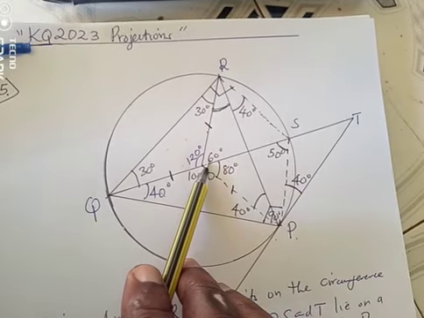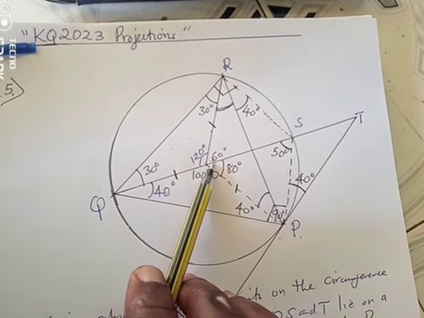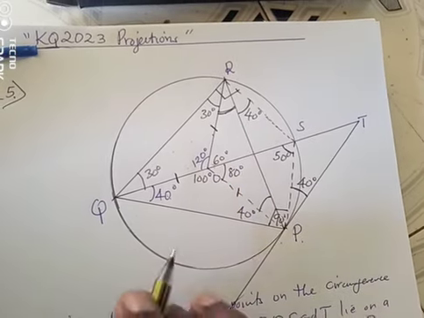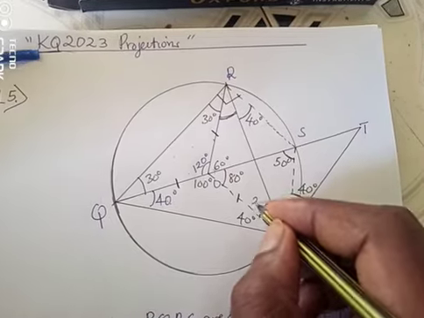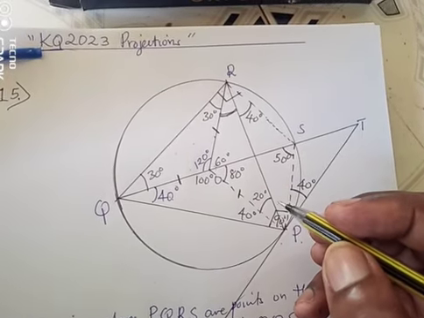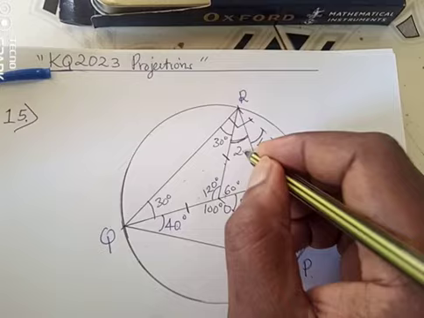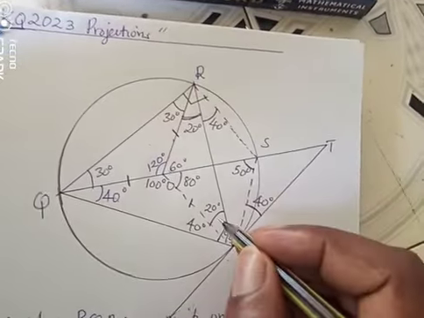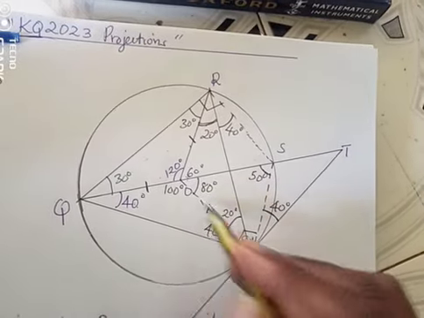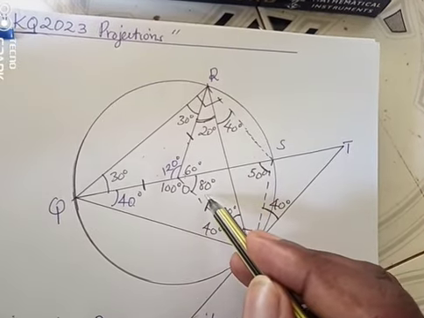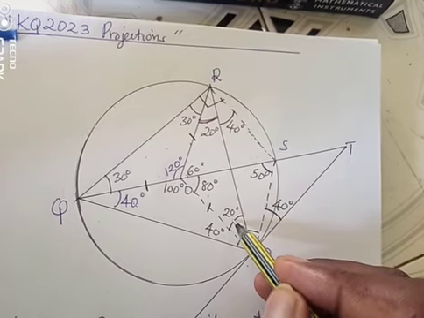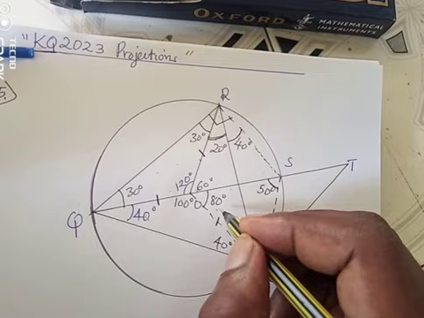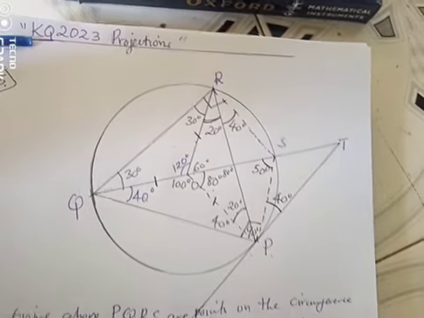Now that the inner angle here is already 140, out of 180 we are left with 40 degrees, of which they share to be 20 degrees each. 20 degrees each. So that opens more ways again for us. Considering this small triangle inside here, this is 80 plus 20 is 100. Here becomes 80 degrees.